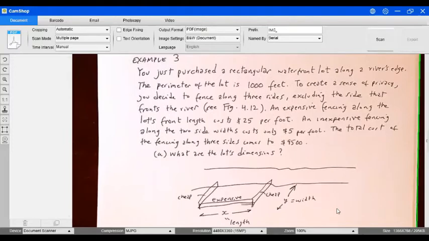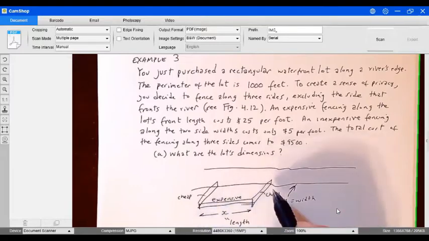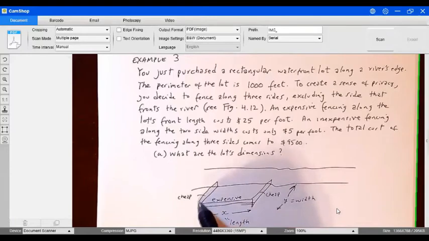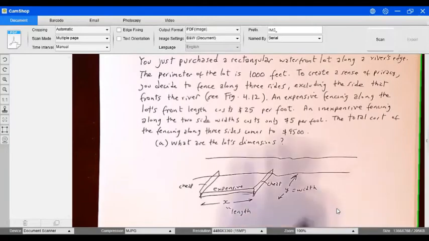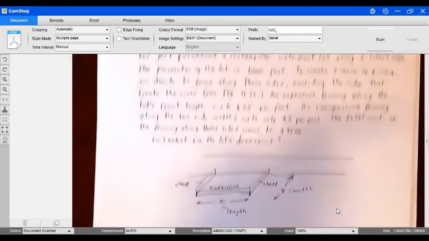You can see here that the expensive fence is here. I'm going to use x to denote the length of the expensive fence, and we're going to use y to denote the sides of the lot that are going to be fenced with cheap fencing. So first we're going to use the formula for the perimeter.